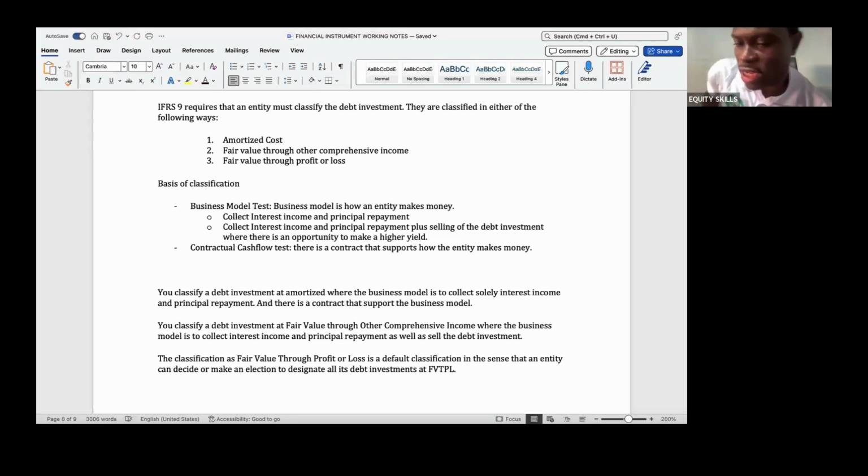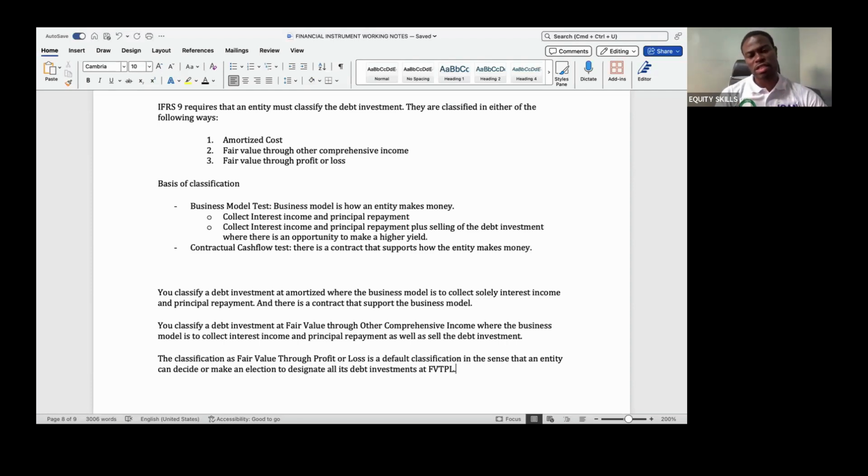It's a default classification in the sense that the entity can decide right from initial recognition that it wants to designate or measure or classify its debt investment at fair value through profit or loss. They can decide that if they wish to follow that route. So it's indeed allowed.